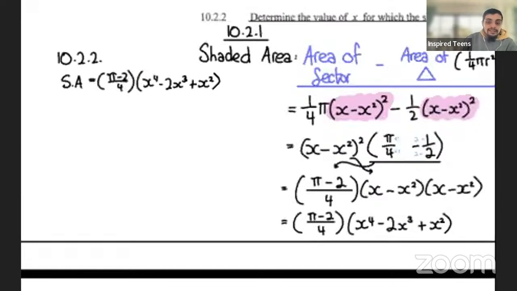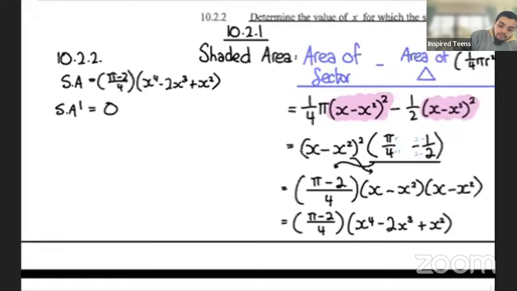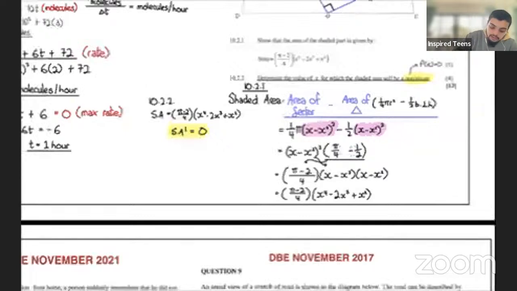Since we want to find the maximum shaded area, we need to derive our shaded area formula. So shaded area prime, that represents its derivative, and equate to 0. That gives us the maximum. So let us derive the shaded area equation.